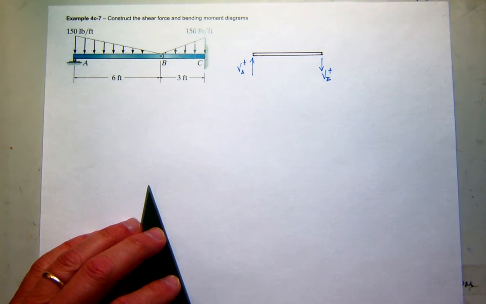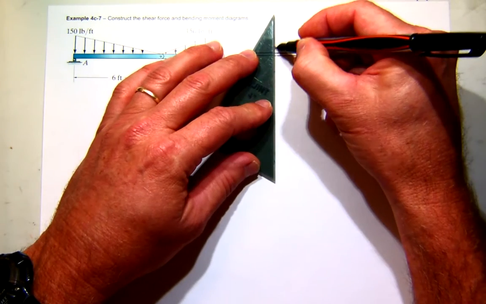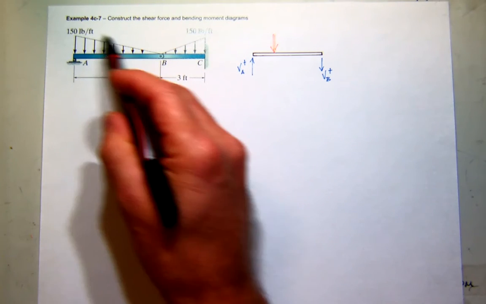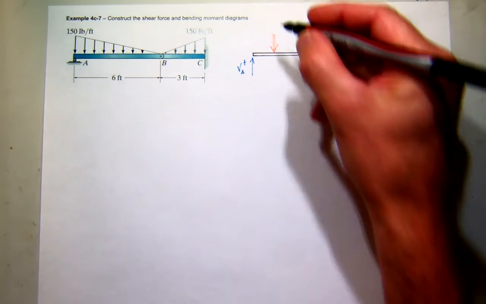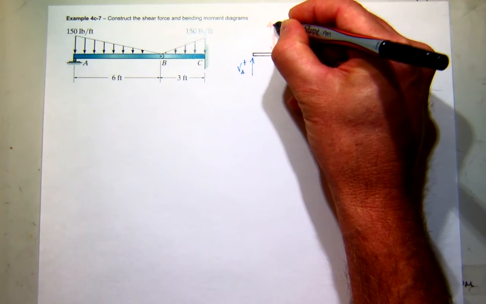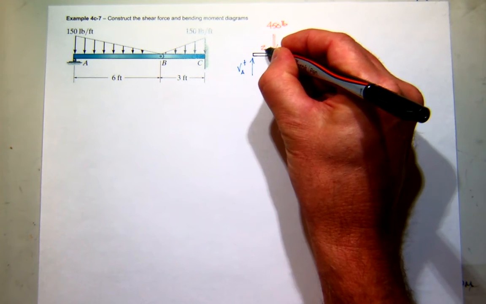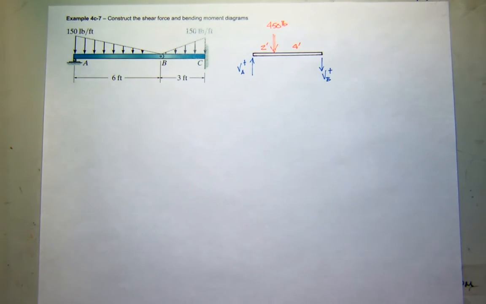And then I'll go ahead and get the concentrated equivalent of this force. So I've got 1/2, it's a triangle, so 1/2 base times height. That looks like 450 pounds, right? You guys buy that? And that would be 2 feet from A or 4 feet from B.